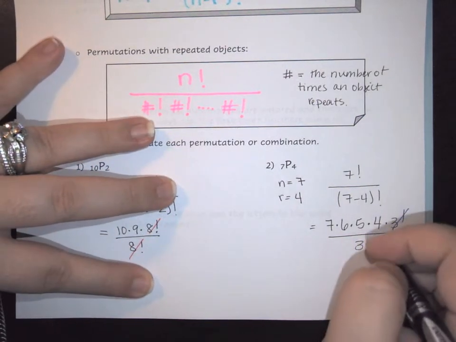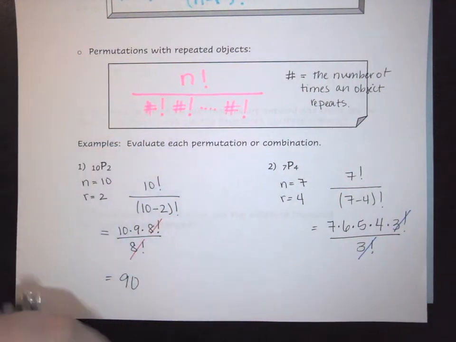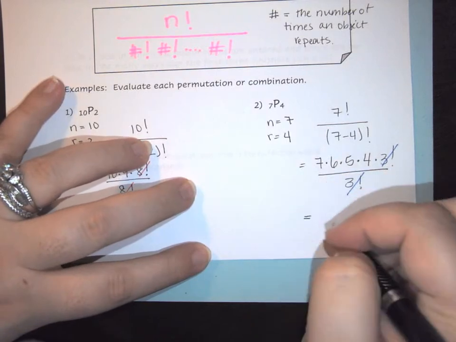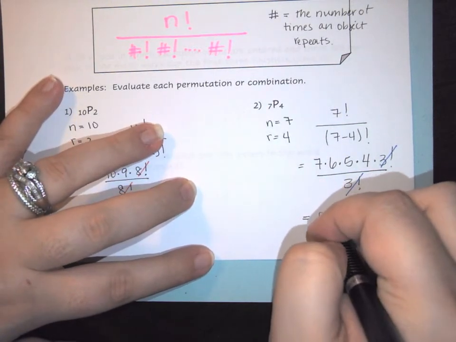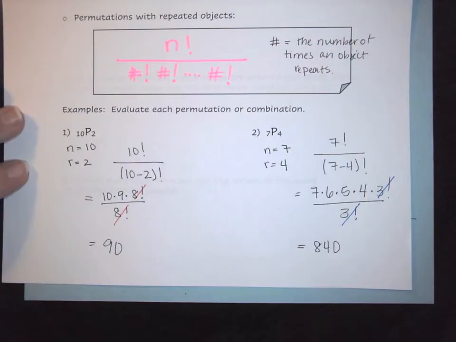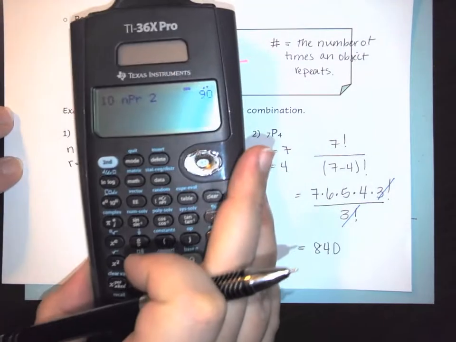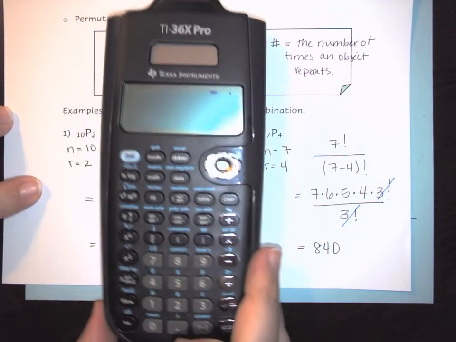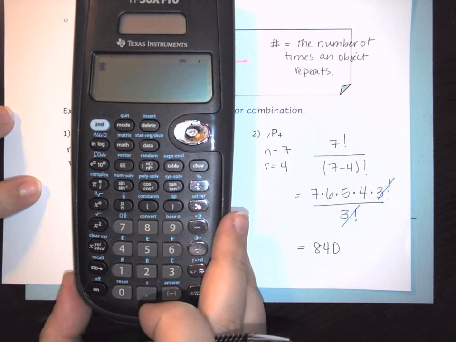I can cross out what is the same, and in this case I end up with 840 as a result.